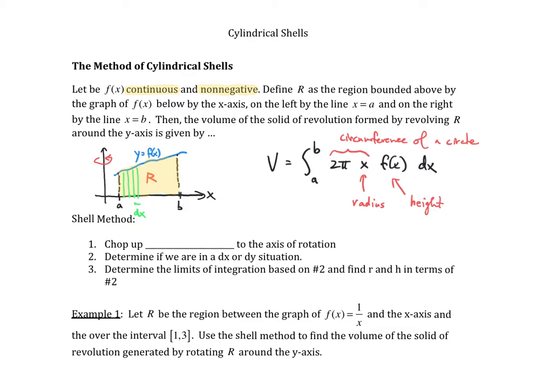So as a quick review, the key idea was that we chopped up parallel to the axis of rotation. We have to determine if it's a dx or a dy situation, and then we want to calculate the limits of integration. You can find this by looking at your picture and write down what the radius is and what the height is. So let's do example 1 together.